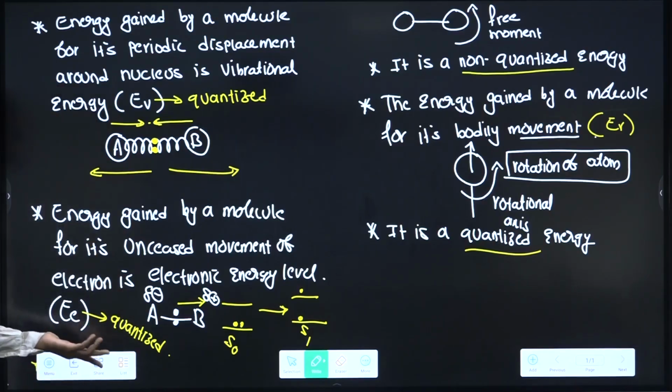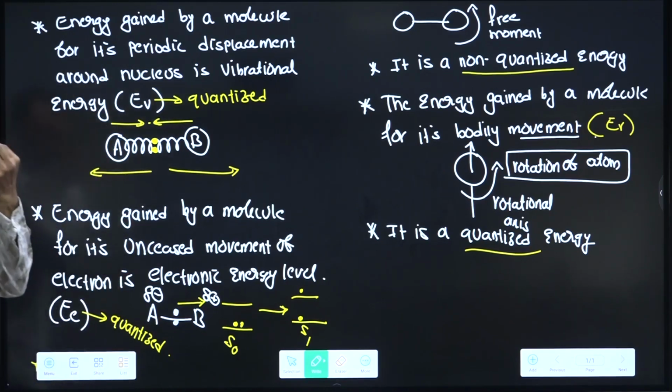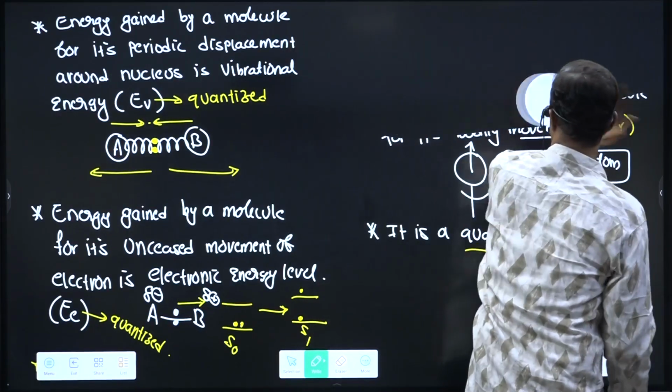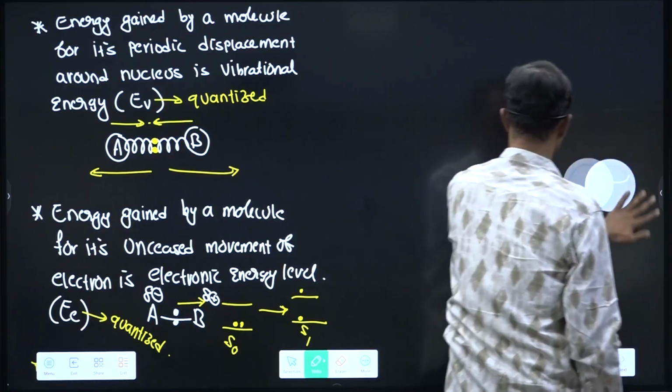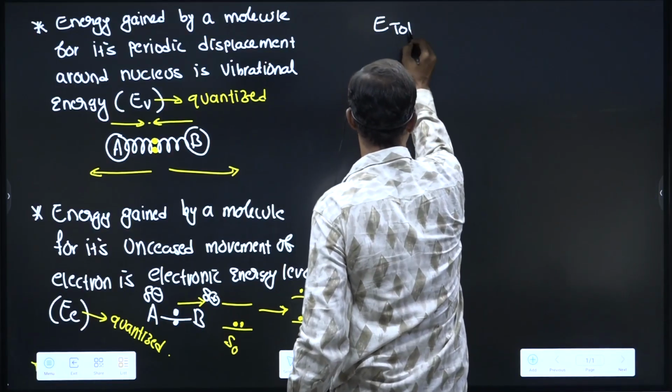Electronic energy level. What is electronic energy level? Lifting of electron from one state to another state. So what about E total?